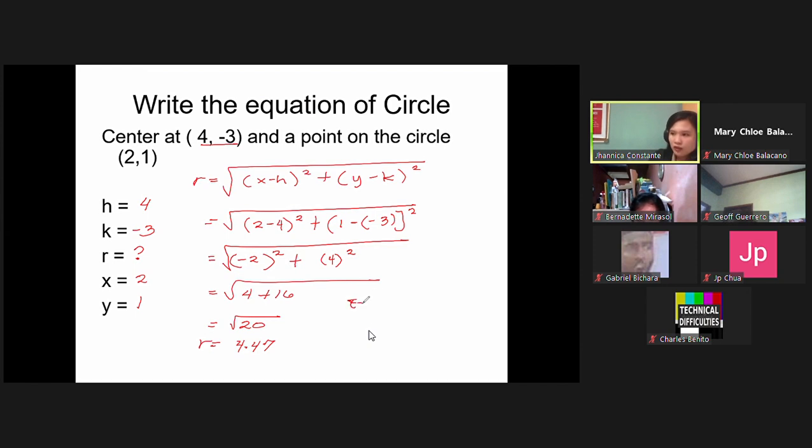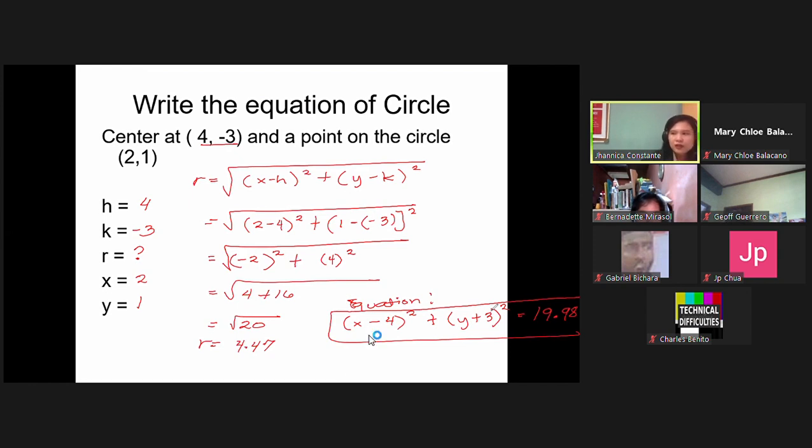So the equation of a circle in standard form is x minus 4 squared plus y plus 3 squared equals 4.47 squared, which is equal to 19.98 or 20. So that is the equation of our circle.